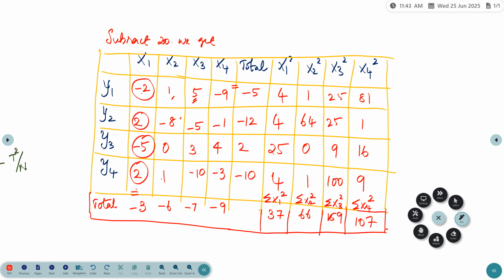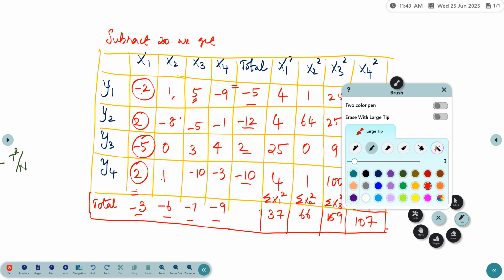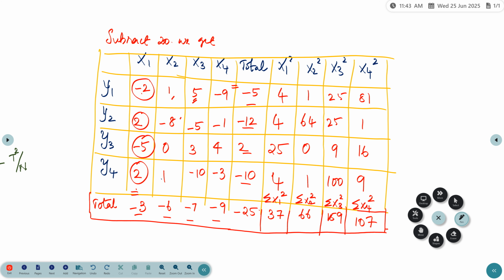Here the total value is by adding these 4 columns and 4 rows. Similarly, adding these 4 rows and 4 columns, we get the total minus 25. Every time both are the same. Next, from this, we take the value capital T. Total value is minus 25.